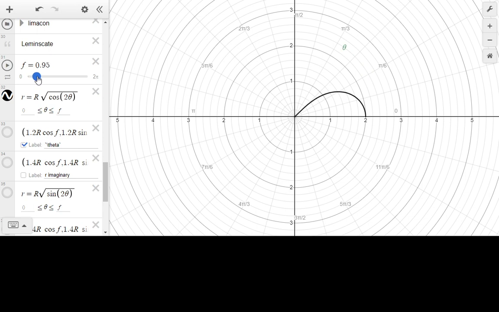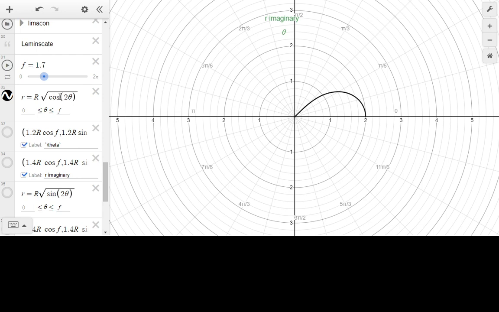So we go, you see that we have made it to 90 degrees. Excuse me, as soon as we pass 45 degrees, what happens? 2 theta exceeds 90 degrees.